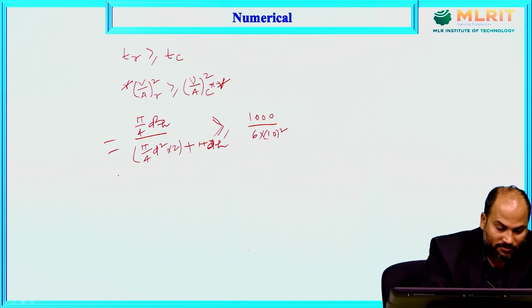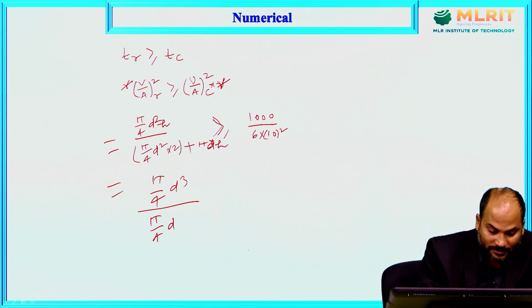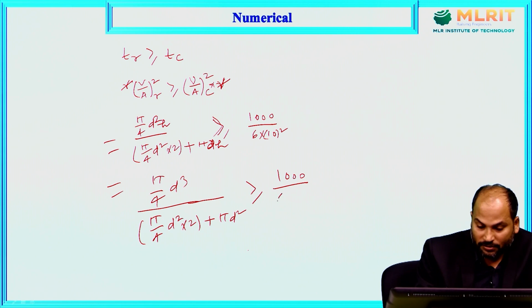We can write pi upon 4, and as d and h are both equal, this will be d cube, and at the bottom we can write pi upon 4 d square into 2, plus pi d square. This should be greater than or equal to 1000 upon 6 into 100.